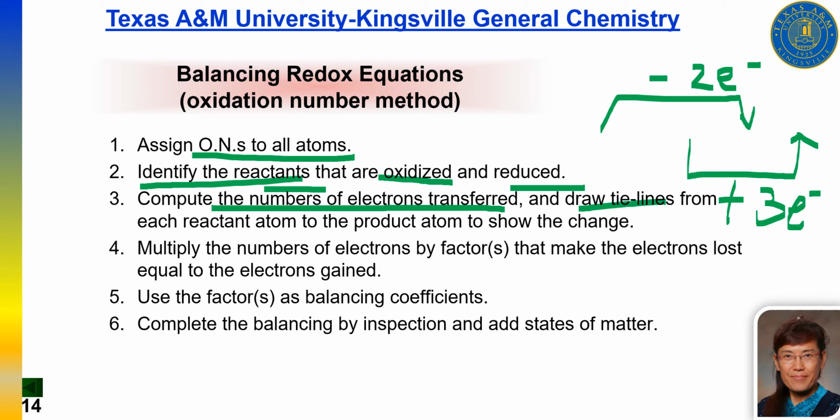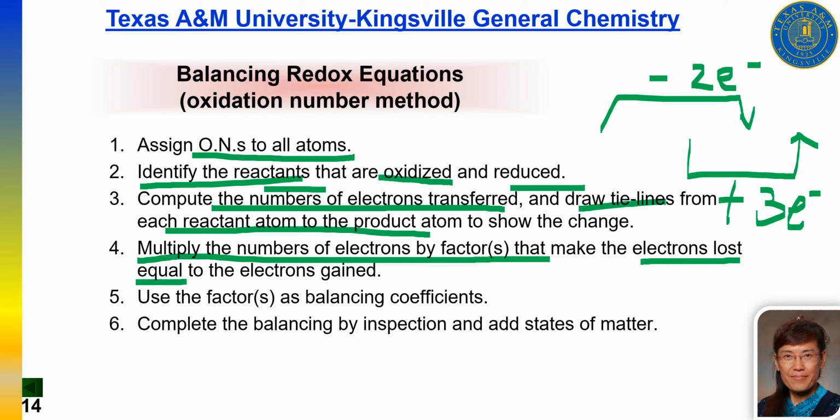You draw the tie line from the reactant atom to the product atom to show the change. Then you multiply the number of electrons by an integer to neutralize this electron gain and loss. The total number of electrons gained or lost must be the same.